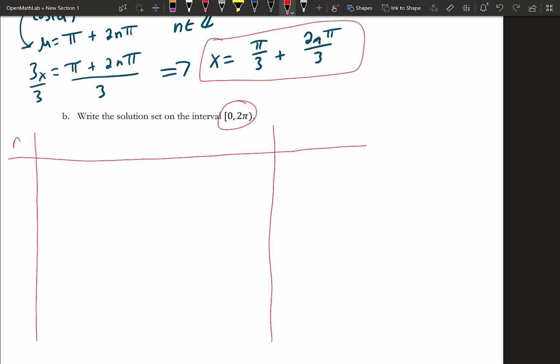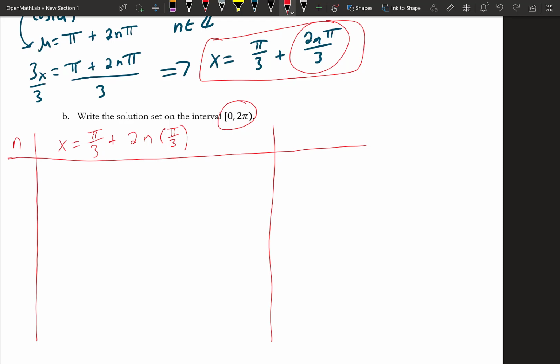We plug various n values in, and my general solution is x equals pi over 3 plus, and we could rewrite that as 2 times n times pi over 3. That's the same thing as this term, and it'll make it a little easier to work with.